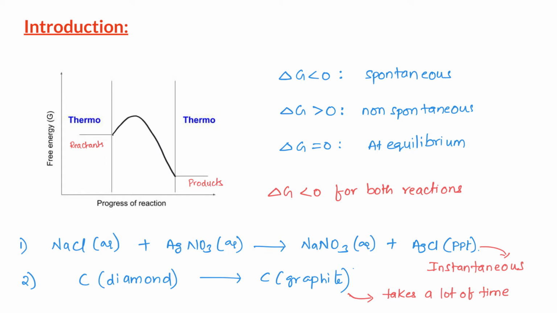Thermodynamics talks about the initial and final state of the reaction, and consequently, if the reaction is spontaneous or not. On the other hand, chemical kinetics talks about the path of the reaction, and consequently, how fast the reaction proceeds.